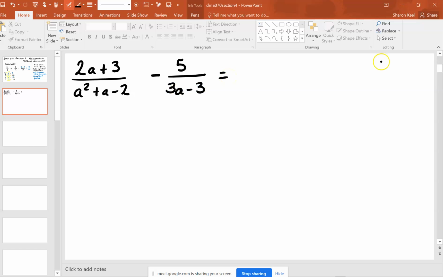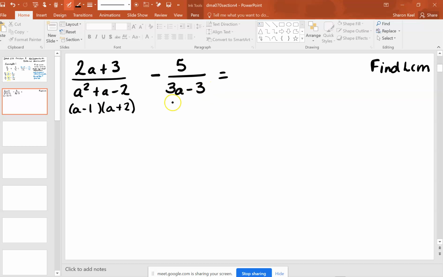Okay, so the first thing we're going to do is find the least common multiple. In order to do that, I'm going to need to take this denominator and factor it into 2 terms. That's going to give me an a minus 1 and an a plus 2.